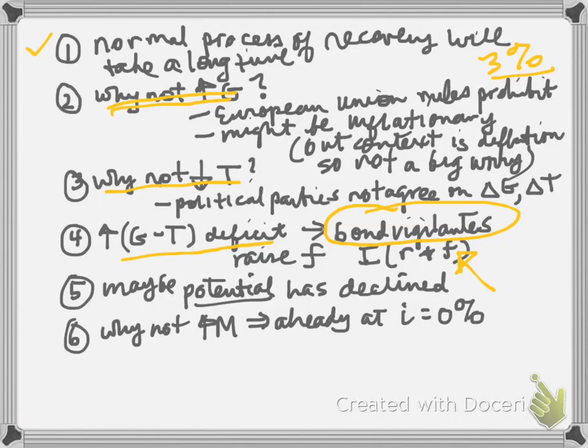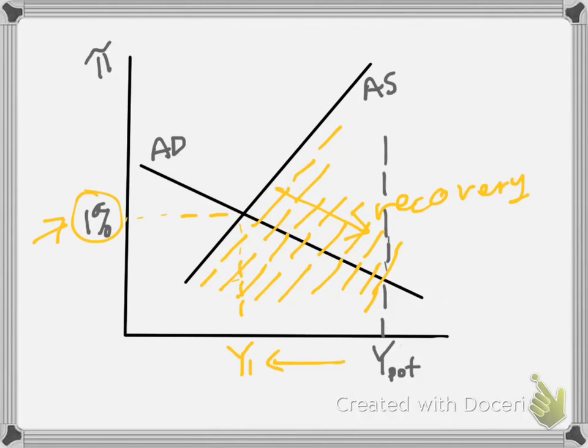Fiscal policy and monetary policy also might not be attractive because some economists might argue that potential GDP itself has declined. So you might recall that our premise of all of this story was that GDP was below potential, but what if potential itself moved over and declined because the recession itself generated a kind of de-skilling, or maybe one of the underlying reasons for the recession was technological change or trade patterns, changing globalization trade patterns, were leading the economy simply to be less productive than it was before.